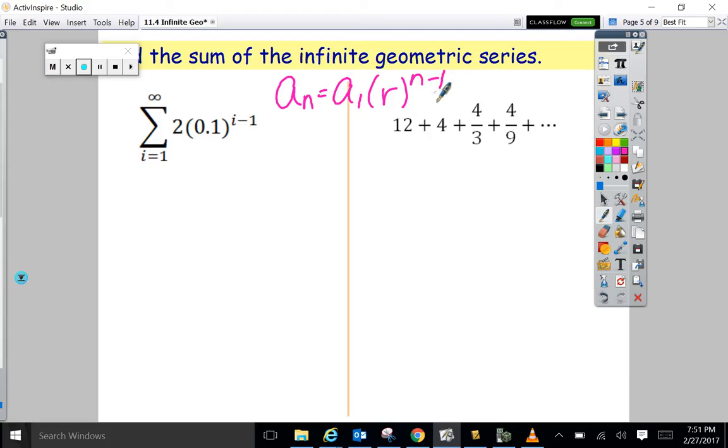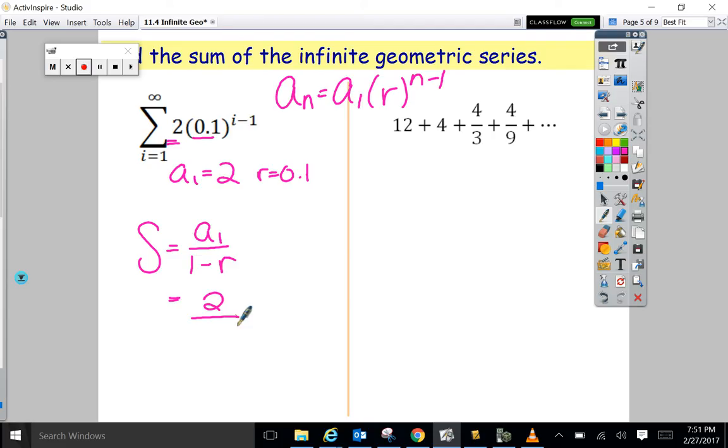So if we remember that, then you can find a sub 1 is equal to 2, the first term in the series, and r is going to be 0.1. Now I have everything that I need. So I can say that the sum of this infinite series is equal to a sub 1 divided by 1 minus r. Plugging in a sub 1 and r, it's 2 over 1 minus 0.1.